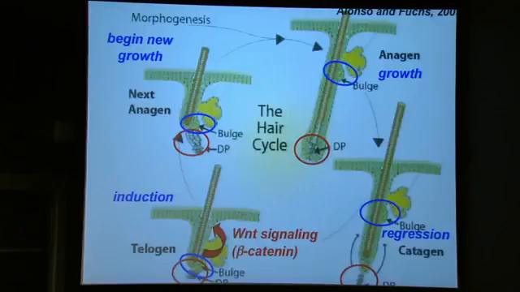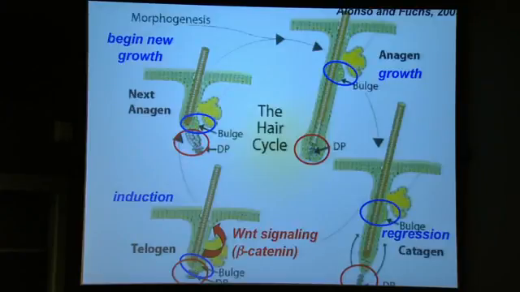During the life of a hair, your hair has a life. We discussed four years on your head. During the life of a hair, the bulge cells and the niche cells are in different places. And depending on whether they're touching or far apart from one another, there's induction of hair growth or not.